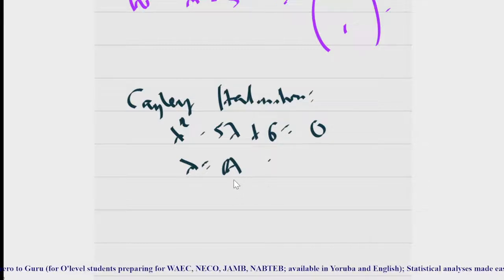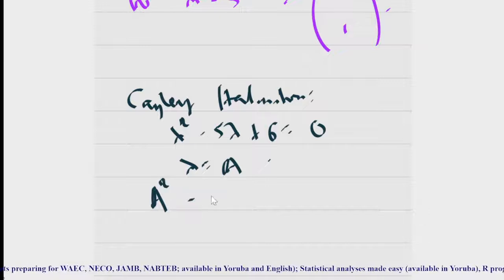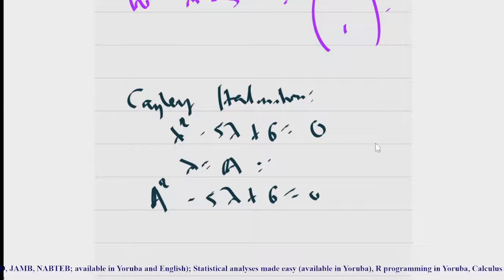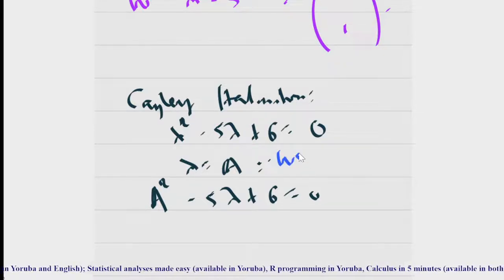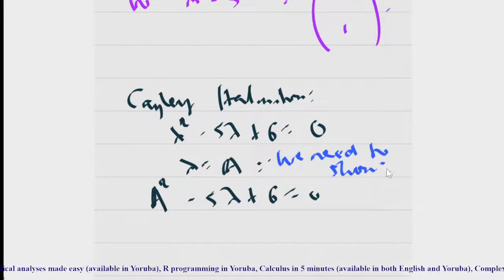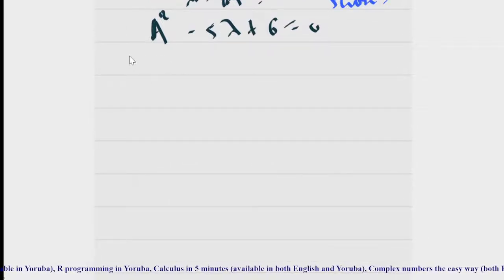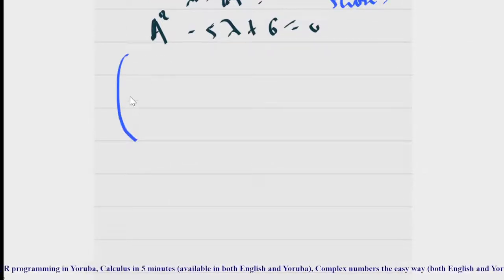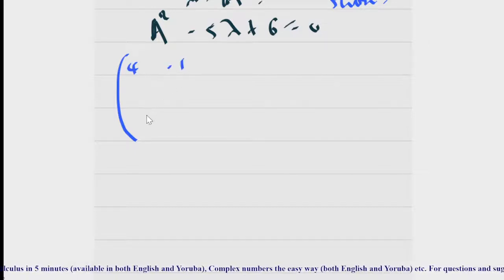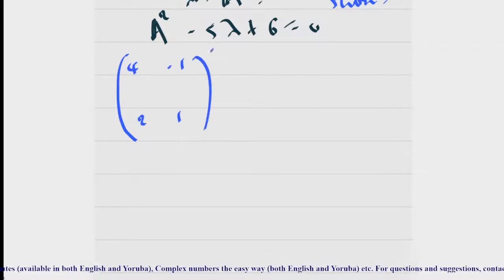Okay, shall we try it? Then you have A squared minus 5A plus 6. We need to show that. Let me just change the marker. We need to show this. And don't forget, what is my matrix A? I have matrix A, that's 4, minus 1, 2, 1, everything squared.